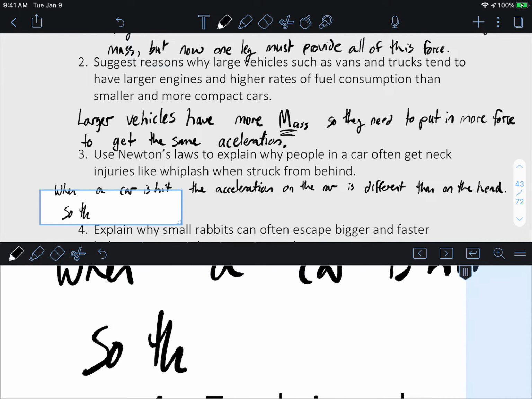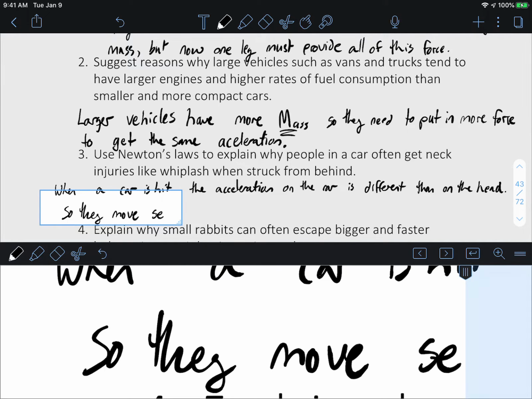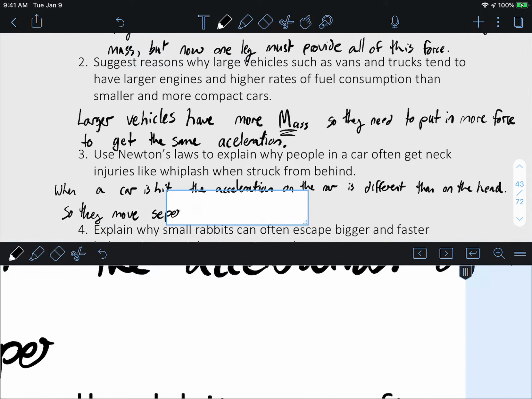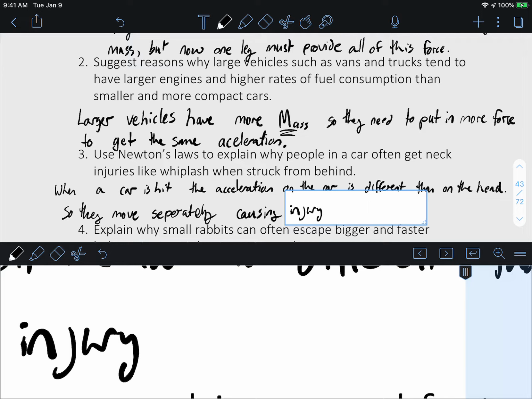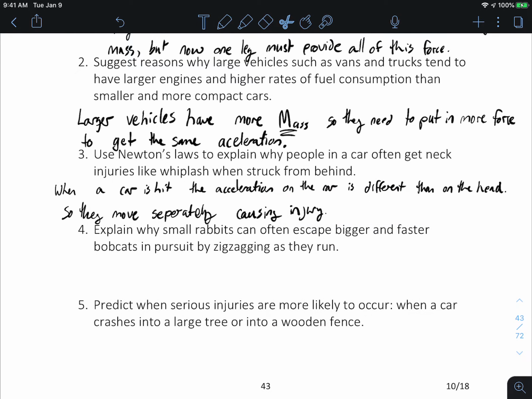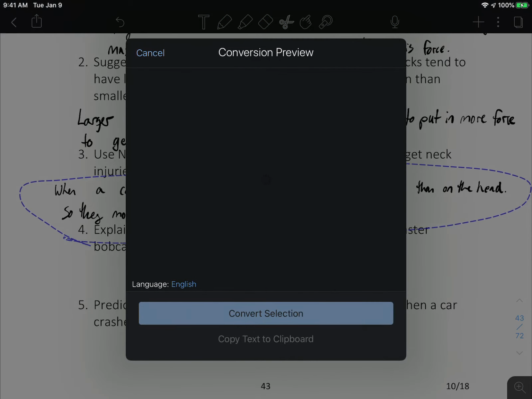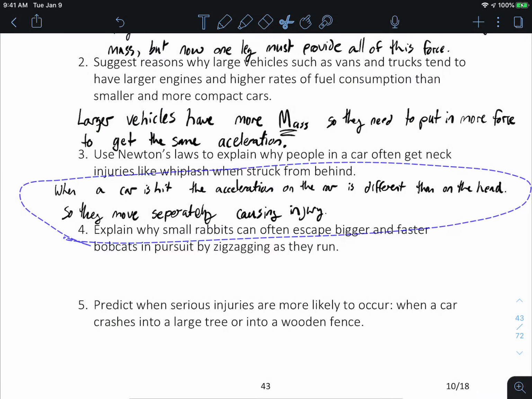So they move separately, causing injury. I'm going to just convert this a little bit to some text for leaving it behind.